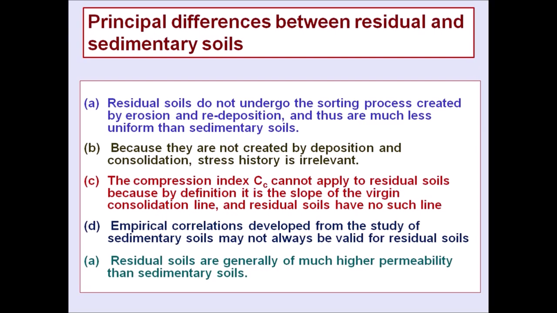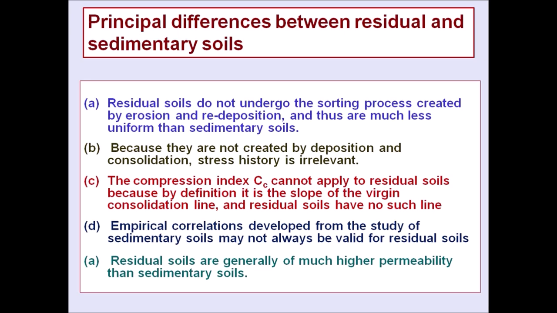Principal differences. Residual soils do not undergo the sorting process created by erosion and redeposition, and thus are much less uniform than sedimentary soils. That transport process and redeposition means you tend to get all the fine material in one place and the coarse material in another, so it is a sorting process which doesn't occur with residual soils.